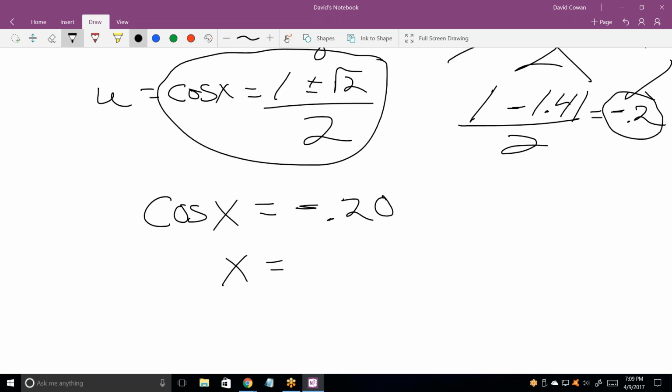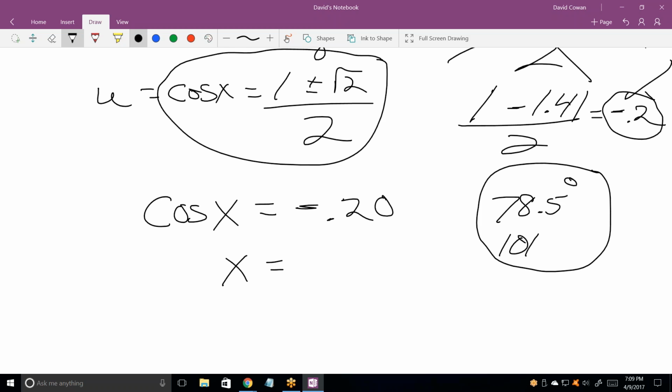If it's 78.5 degrees, that would be the first quadrant. In other words, if I said cosine of x was equal to 0.2, the answer would be 78.5. But if I say cosine of x equals minus 0.2, that puts it in the second quadrant. So what's the equivalent angle of that only in the second quadrant? Uh, 101.5 degrees. That's the answer.